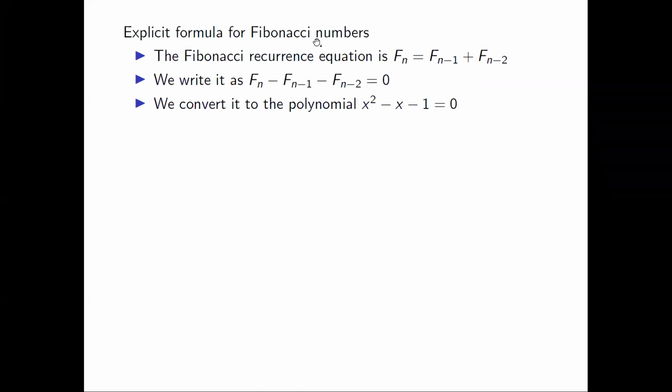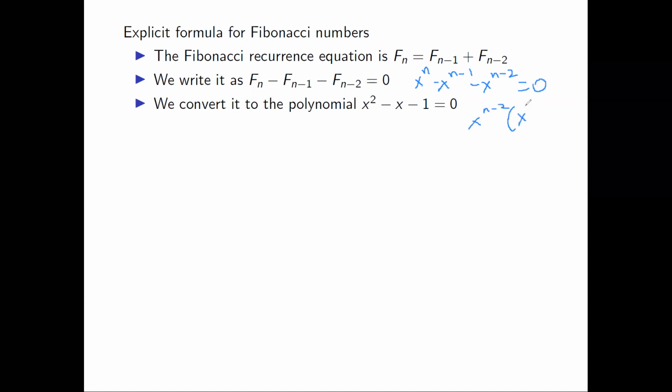So maybe I'll describe a little more what happened there. So first we converted it to x to the n minus x to the n minus 1 minus x to the n minus 2 equals 0. And then we factored out the x to the n minus 2. And that gives us x squared minus x minus 1 equals 0. And we don't worry about this x to the n minus 2. We just get rid of it. Okay. And we continue.